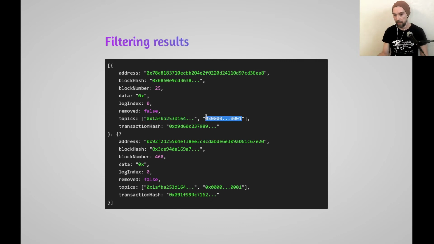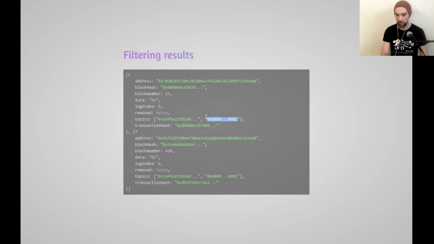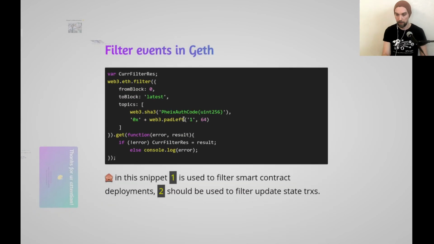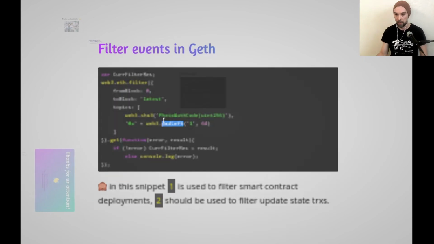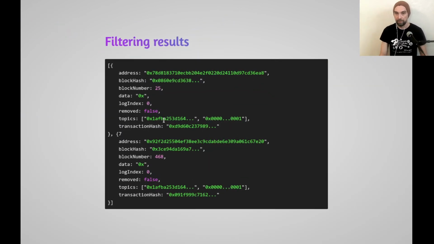The ID is just one with leading zeros, padded to 64 characters. It's the result of the padLeft function. The goal is to find the target transaction hashes. In the snippet, they are the values of the transactionHash key. So for every entry, we get the transaction and try to authenticate the user with it. It's quite easy.